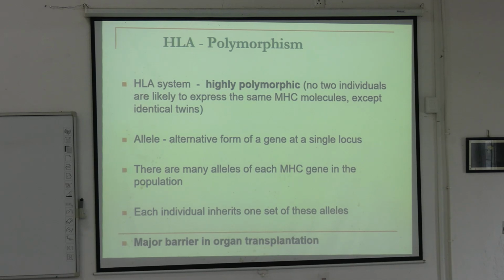Then what are alleles? They are alternative forms of a gene at a single locus. There are many alleles of each MHC gene in a population, and each individual inherits one set of these alleles. And so HLA is a major barrier in organ transplantation. As I said, in organ transplantation HLA matching is a must, okay, or else the patient will have a rejection.